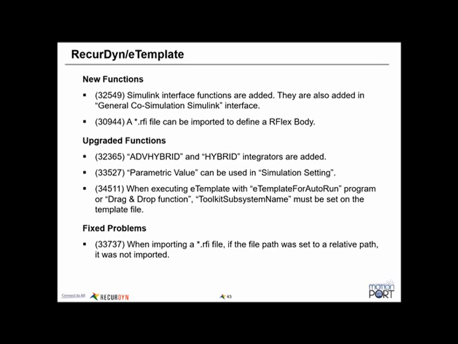Not that I know of. The eTemplate would just be able to read the RFI file once it's created. Okay. Yeah, the RFI file creation is still separate from eTemplate as far as I know. Okay, thank you.